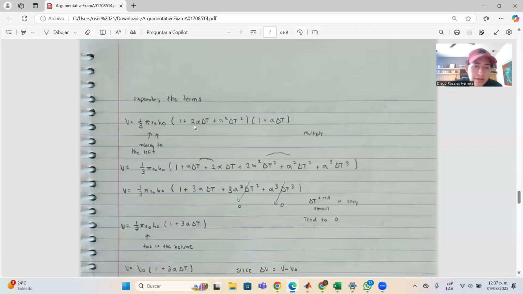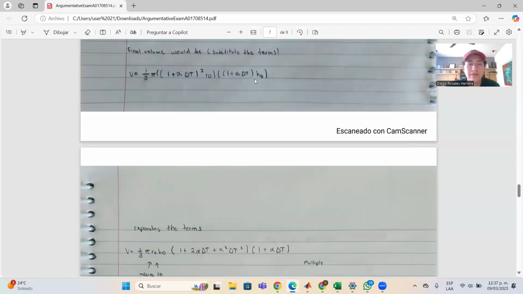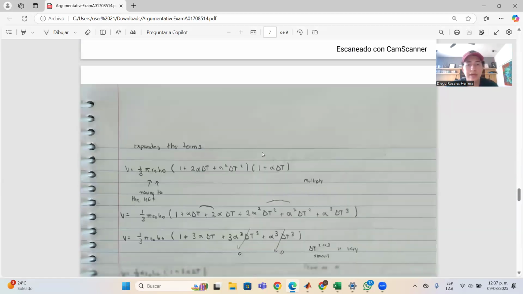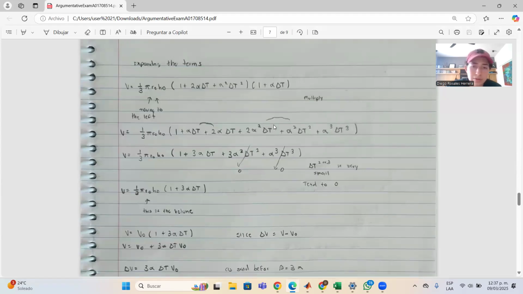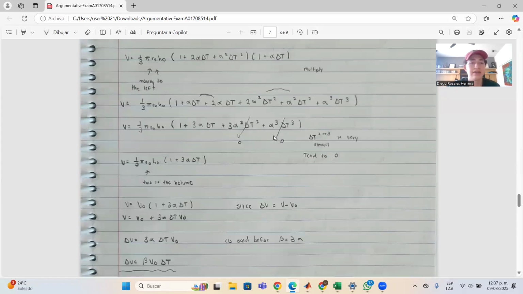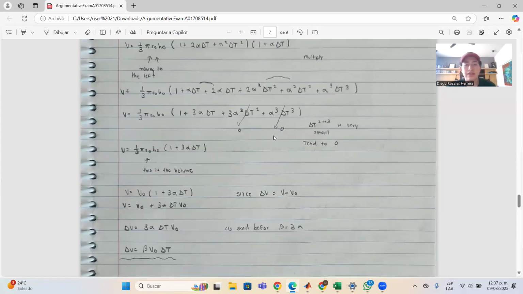I'm going to expand the terms. Well, I'm going to move R0 and H0 to the left. I'm going to expand this, and then I'm going to multiply and add up the terms that are alike. And as we can see, the delta T squared and delta T cubed tend to 0 because delta T is very small. And when you square it or cube it, it's going to be a very, very small result.